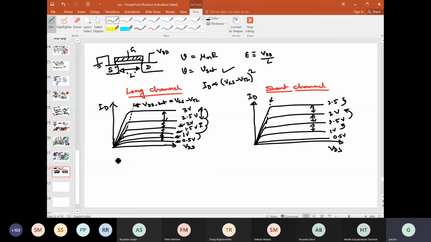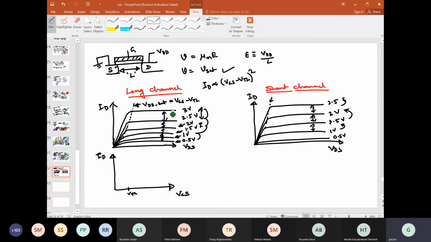Okay, so far it is good, but what about this? There is another important plot, which is this plot. We have seen variation with VDS, but what about with VGS? Obviously for VGS, till threshold voltage there will be no current, right? Beyond threshold voltage the current will increase, but how will it increase? That is the point.